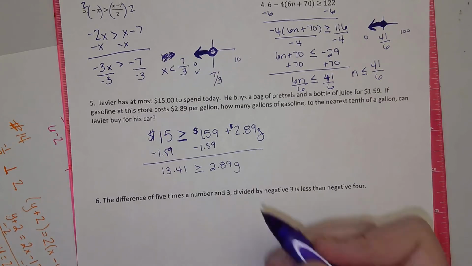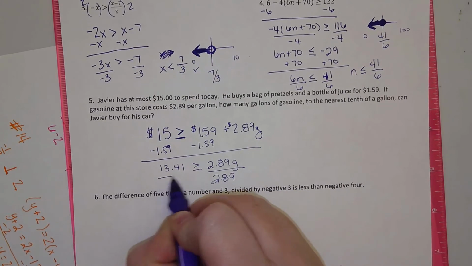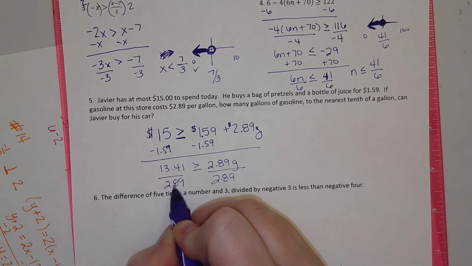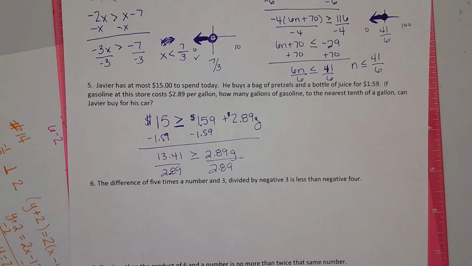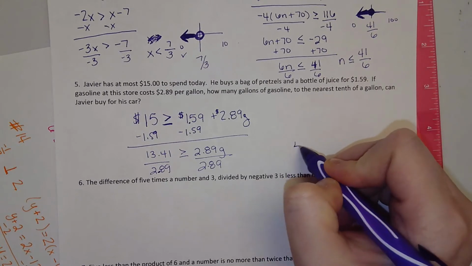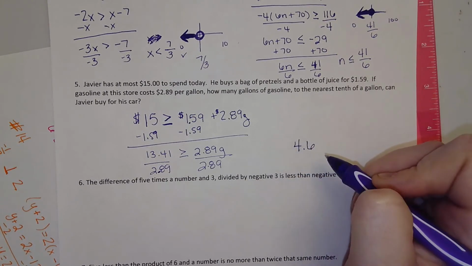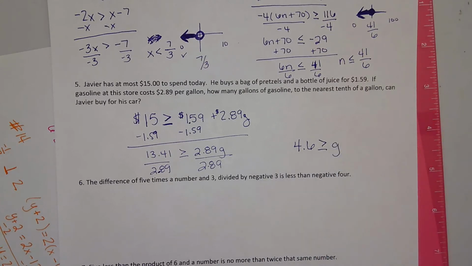Sure, go. So then I'm going to divide by 2.89. Now that I've divided by 2.89, my answer to the nearest tenth is 4.6 is greater than or equal to gas.